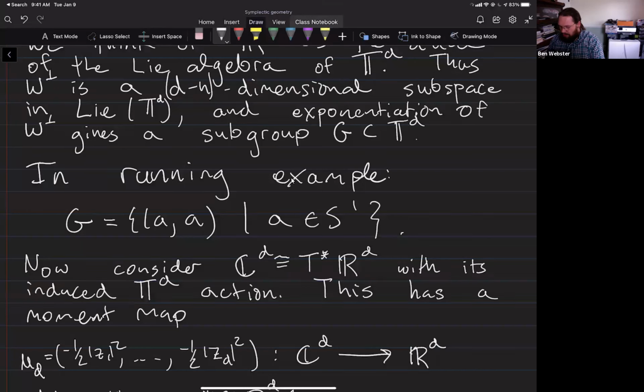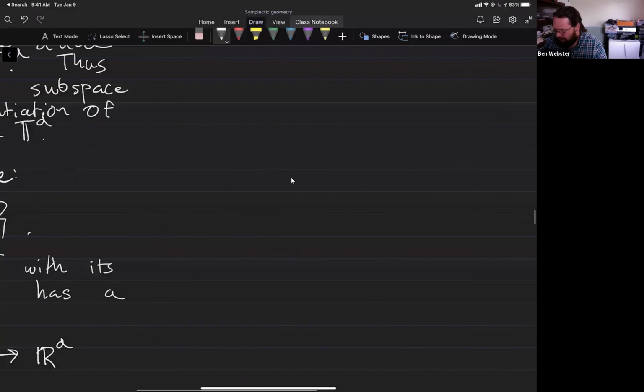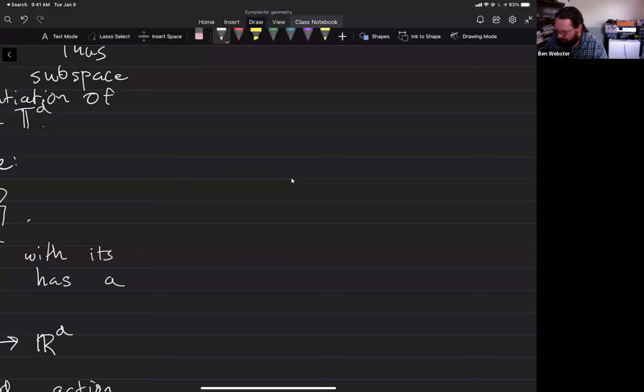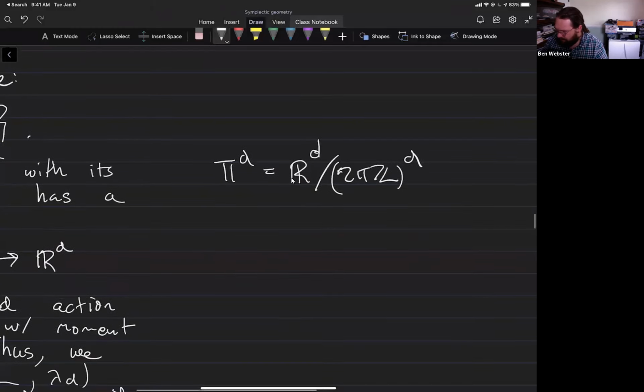And I want to look at T star of RD, or you could say CD. And it's kind of nicer to write everything in the complex way with the natural induced TD action. So this is what we wrote before of, remember, I'm thinking of TD as RD mod 2 pi Z^d.